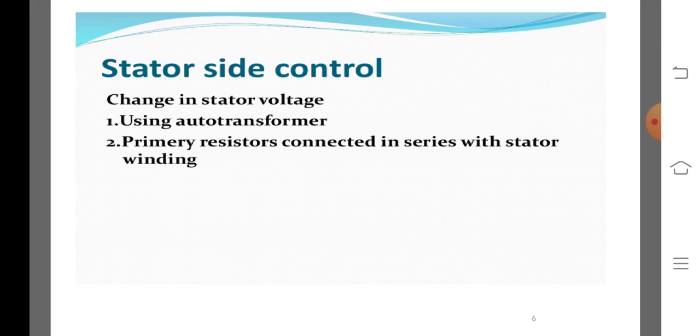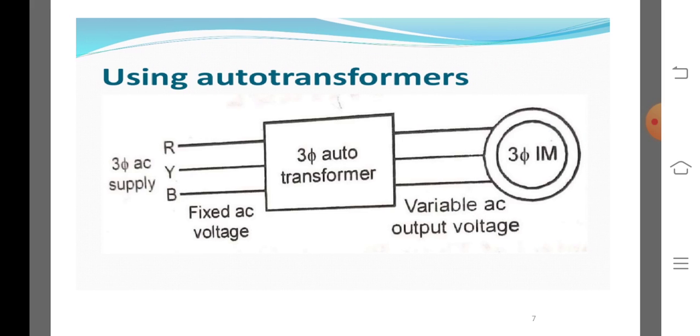Stator side control uses a transformer to control the main components. Primary resistors are connected in series with the stator winding. This uses an auto transformer to control the stator by changing the applied voltage.